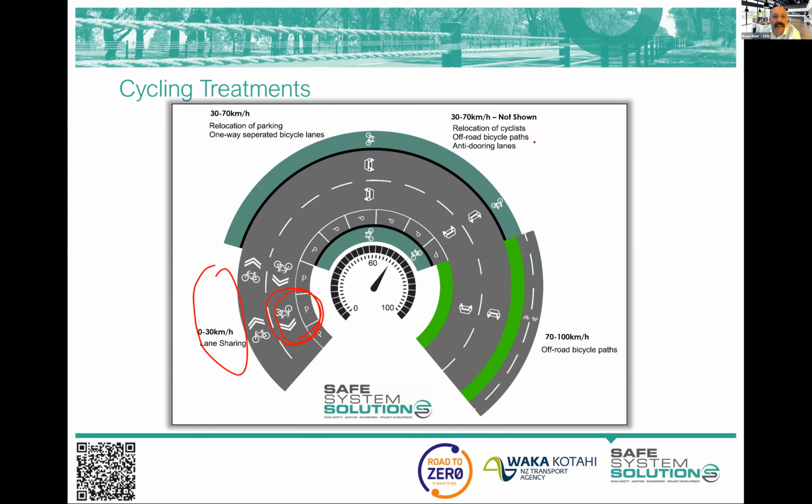Yeah, Sharrow. It's a mash of the two words shared and arrow, which I used to think when I first heard Sharrow was chevron and arrow. Chevron was in there somehow, but it's just shared arrow. It indicates the area of the road where there is lane sharing. We can accommodate that up to maybe 30 kilometres an hour in terms of pure safe system thinking.